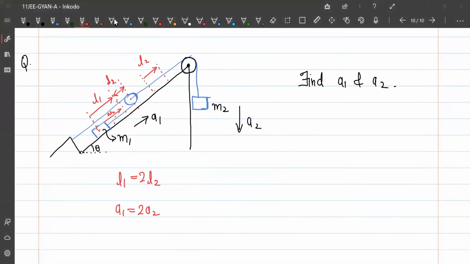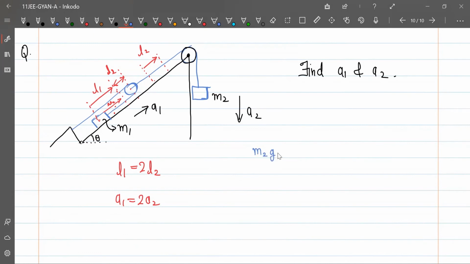Then what's the value of A1 or A2? सर A2 का फाइंड किया, it was सिंप्लीफाई करना बाकी. Okay. Sir, A2 is G sin theta into M2 minus 2M1 divided by 4M1 plus M2 sin theta.